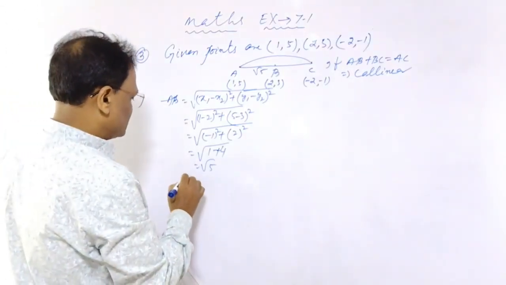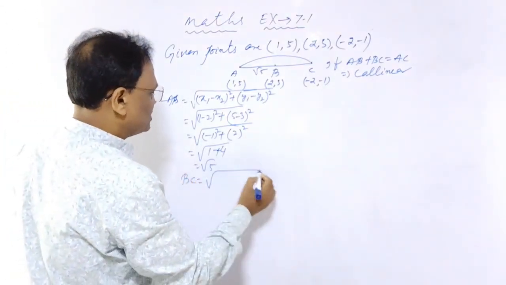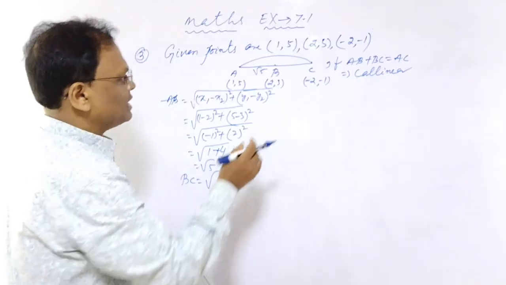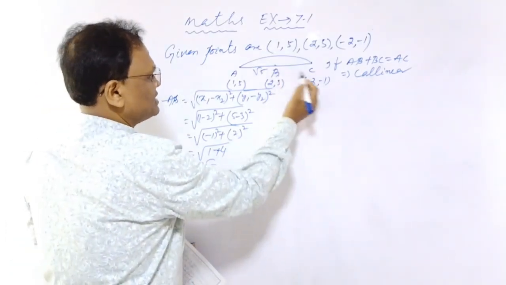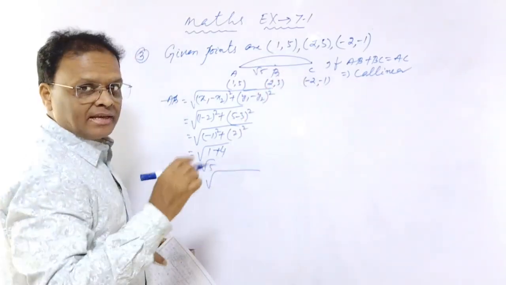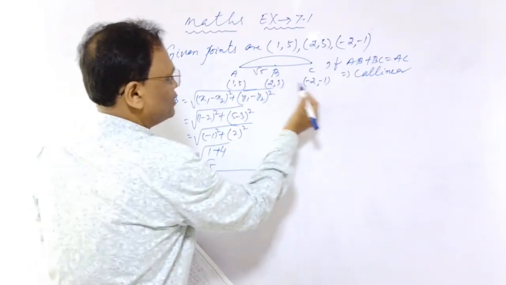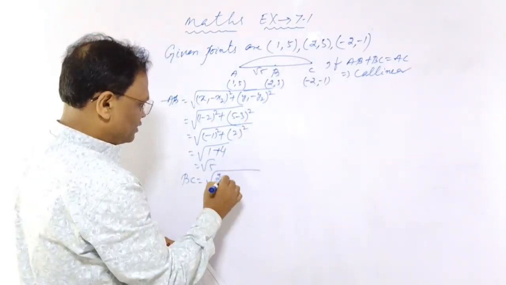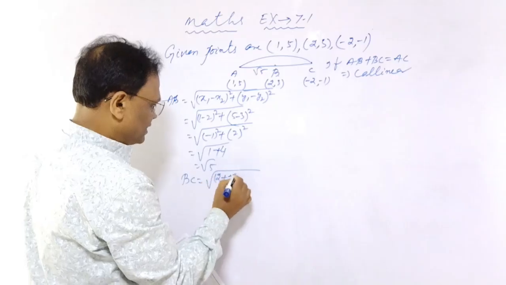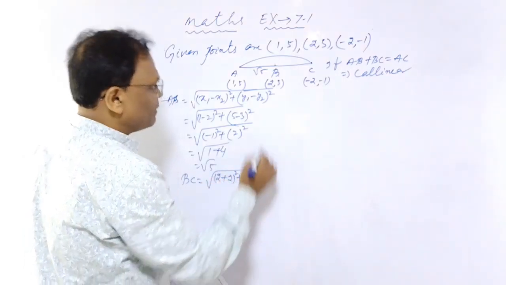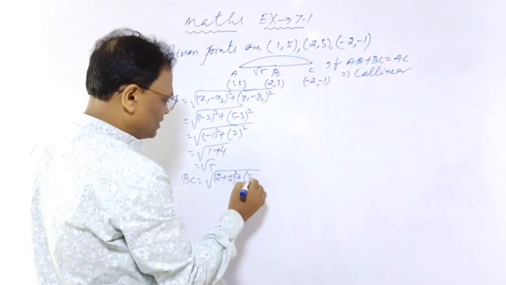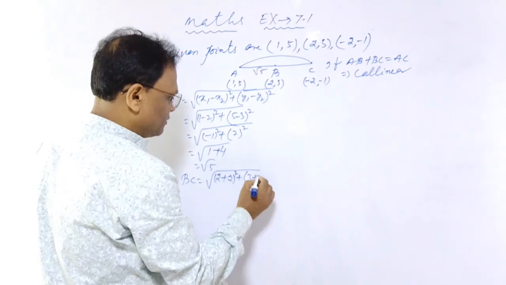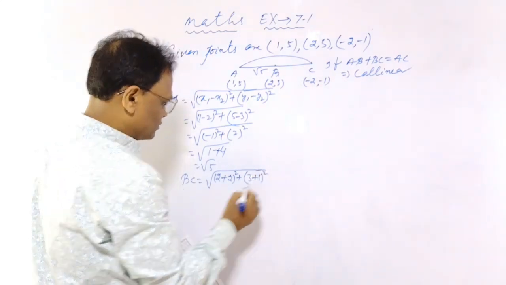Now I find BC. I must use the same formula, but the points I have to take are these 2 points, B and C. Again use the same formula, x1 minus x2: 2 minus x2, which is again minus, so it will be plus. x1 minus x2 whole square plus y1 minus y2 whole square: 3 minus of minus is plus, whole square.